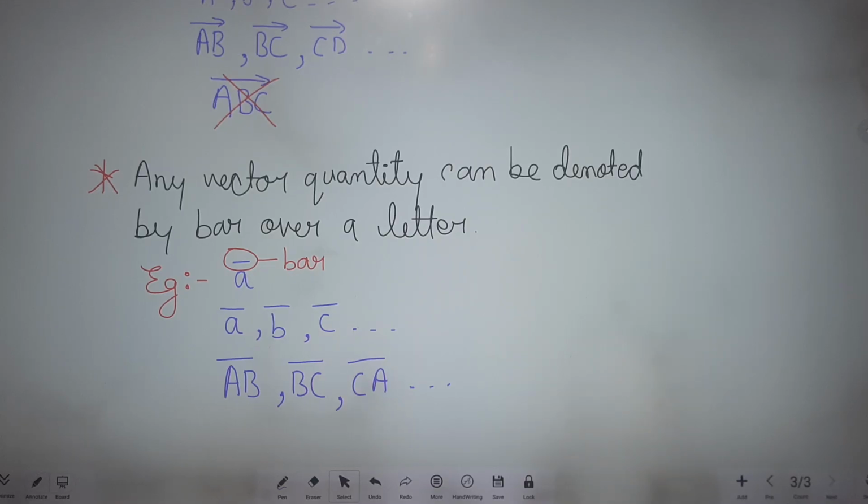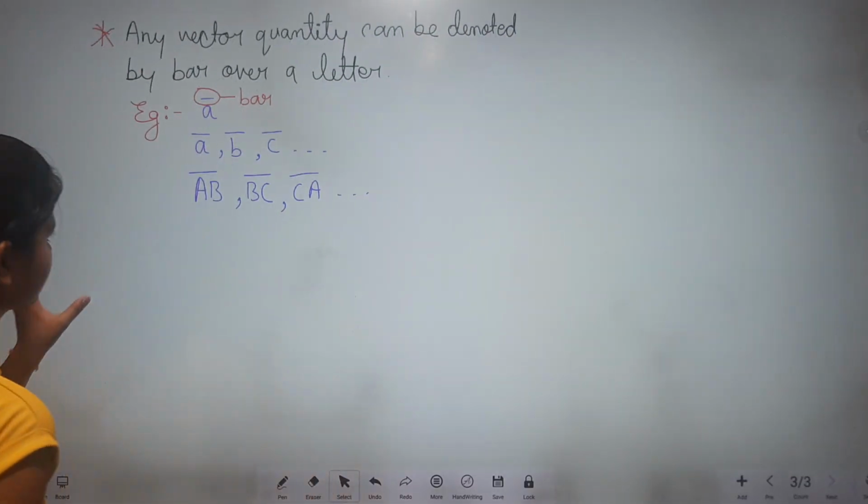Or you can also denote a vector quantity like this by a boldface letter, okay.